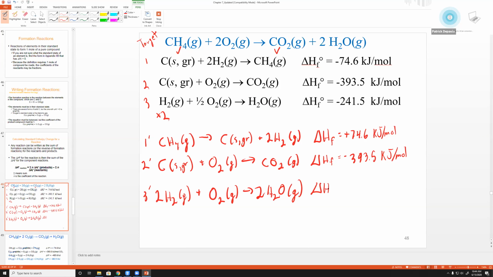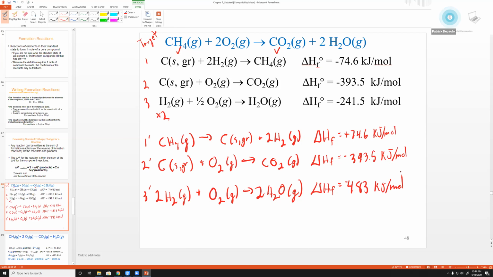Then our delta HF, you guessed it, is also multiplied by 2. So negative 241.5 times 2 is negative 483 kilojoules per mole.